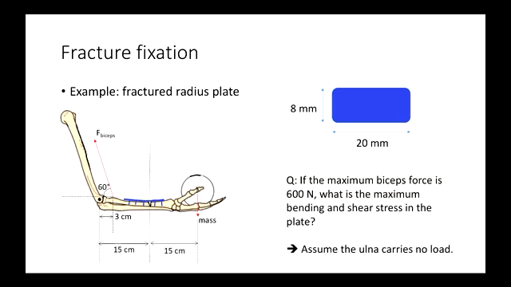Has anyone seen that before at all? Take that as a no. It's a relatively simple formula to use though, because you know this second moment of inertia I was talking about before. Everybody's seen that before.